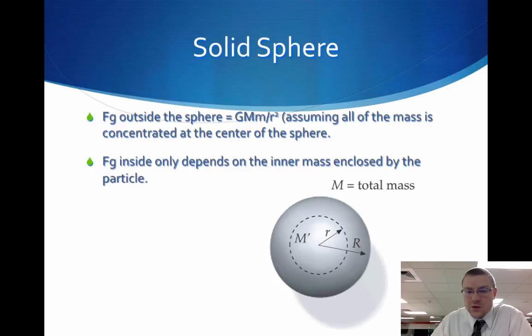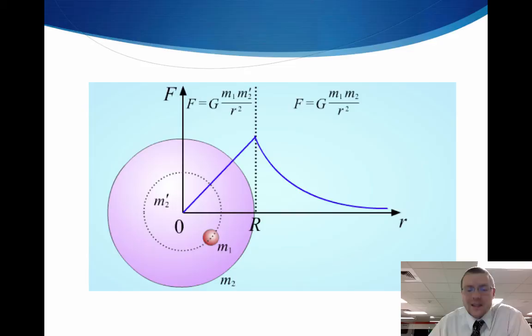So the force of gravity equation is linear on the way into a solid sphere. There's no gravity at the center of the Earth, and as you start to climb out of the Earth, gravity gets stronger and stronger and stronger. As soon as you hit that surface, gravity goes back to GMM over r squared, just like we did before for any gravitational attraction.